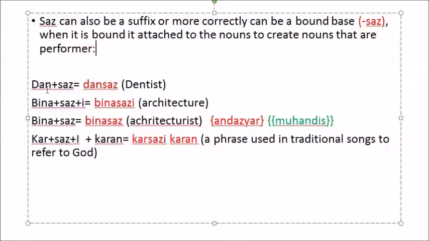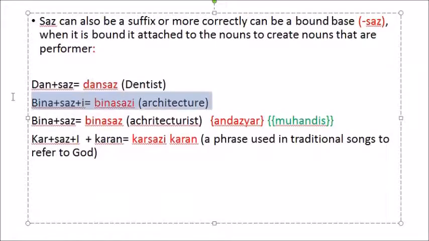For example, dan means tooth or teeth. So when I put saz on it, it will be dansaz. Dansaz means dentist, or more correctly, a guy who prepares, creates, or makes teeth or tooth.